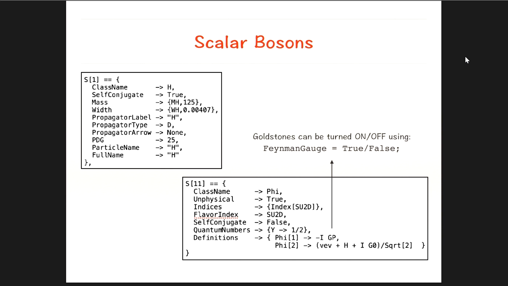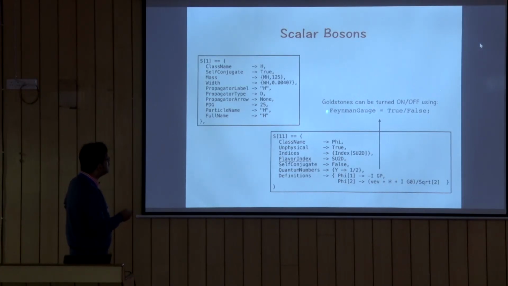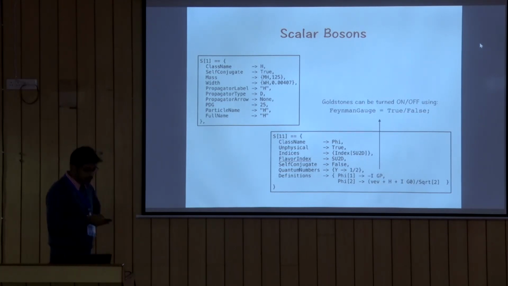If you remember in the definition of the Higgs doublet, this is the GP, and then this is the physical part which we write in terms of the unitary gauge, but there is an additional piece like iG0 associated with the phi 4 field, which is the other Goldstone degree of freedom. So this is explicitly a definition, and depending on whether the Feynman gauge is true or false, the Goldstones can be turned on or off.